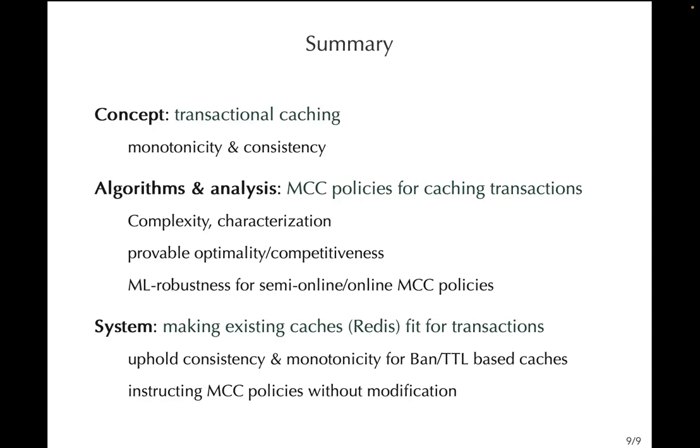We formulated the policy design problem, settled its complexity, and developed cache policies with provable performance bounds. On the system side, we developed a cache middleware that can fit existing caches for transactional workloads and enjoy the performance boost with our transactional cache policies without changing a single line of code.